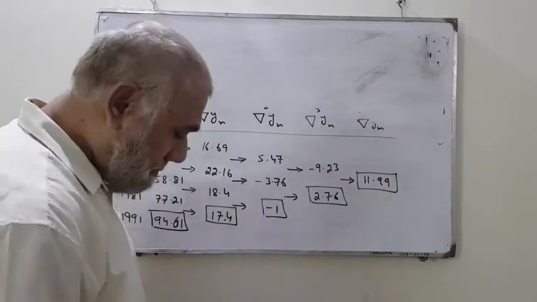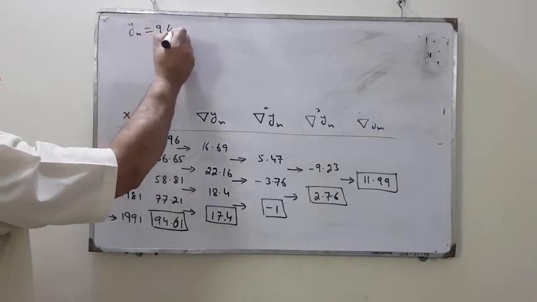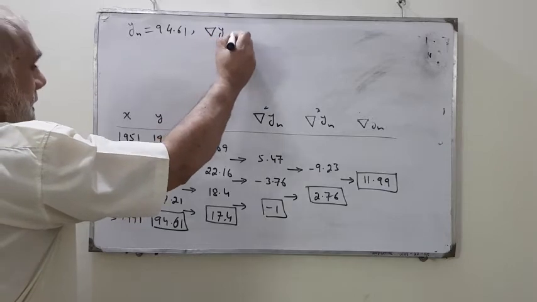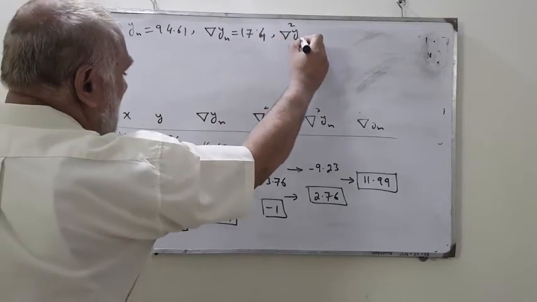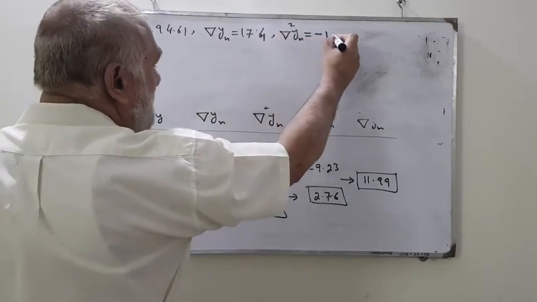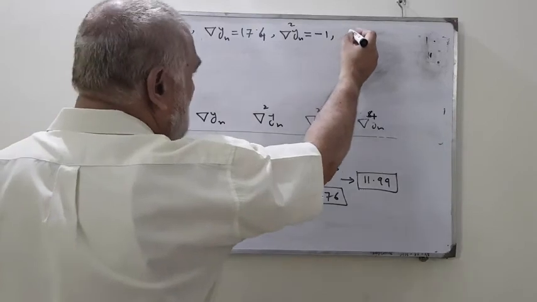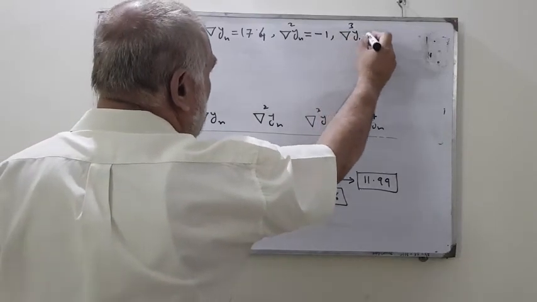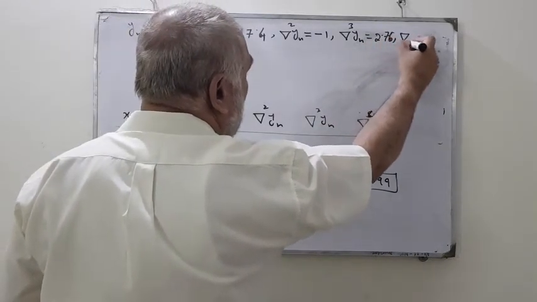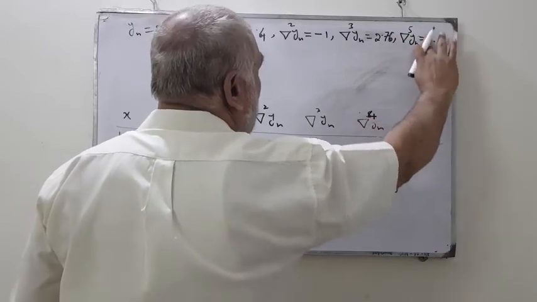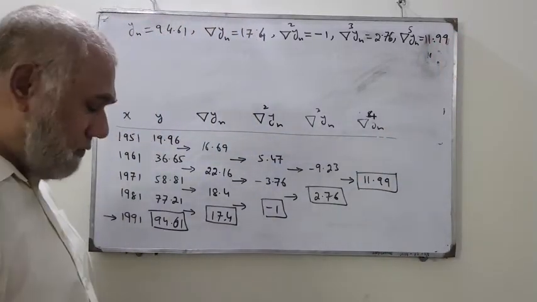Here yn is 94.61, ∇yn is 17.4, ∇²yn is -1, ∇³yn equals 2.76, and the last one, ∇⁴yn, is 11.99. So these are the differences we have to use in the formula.